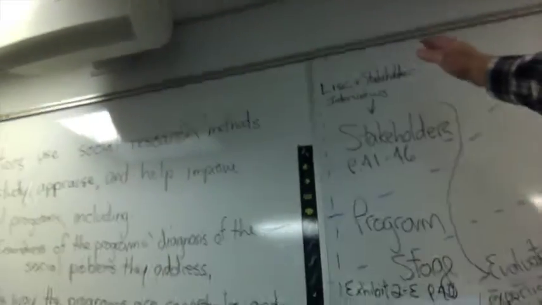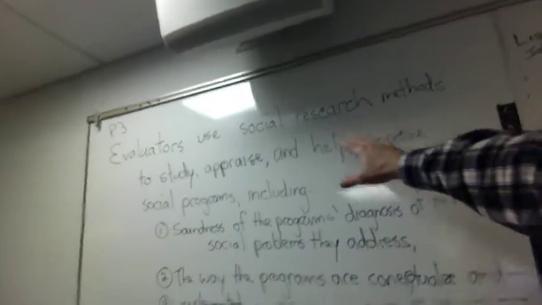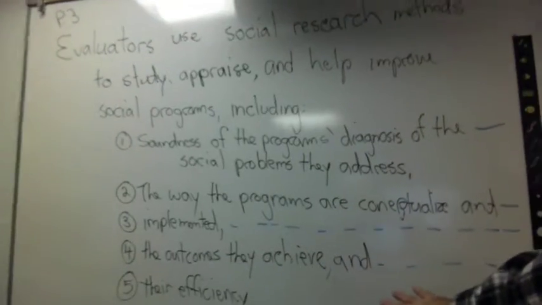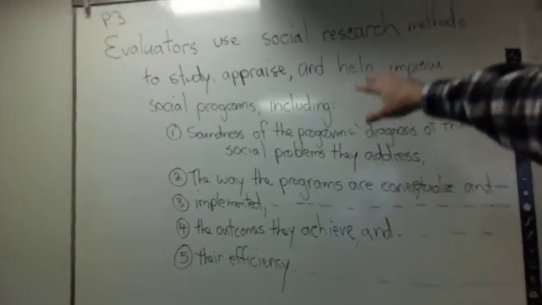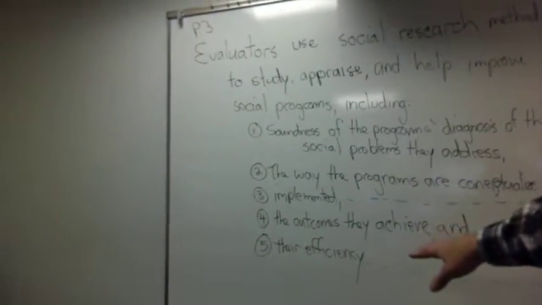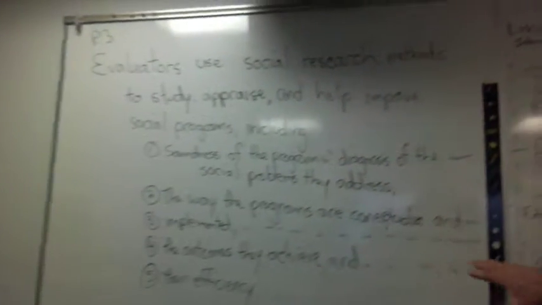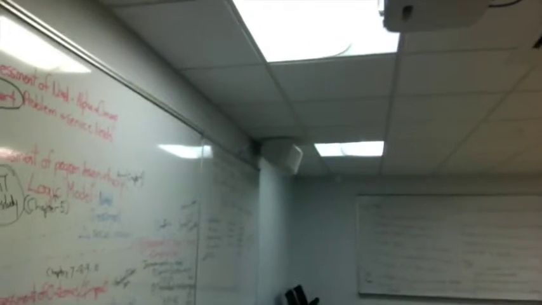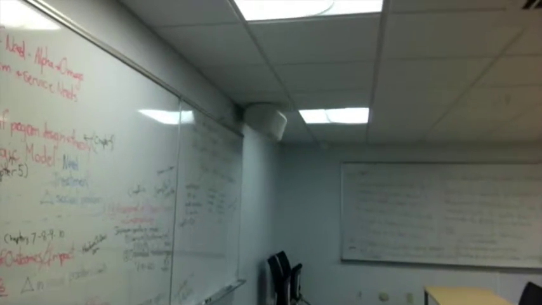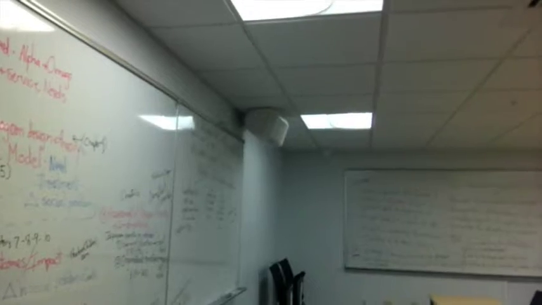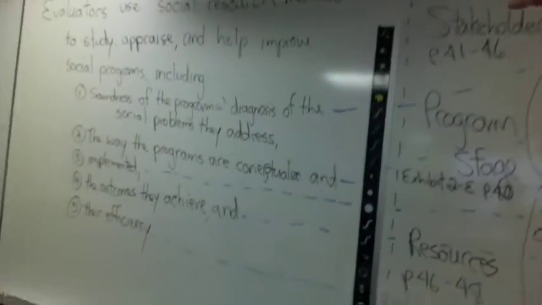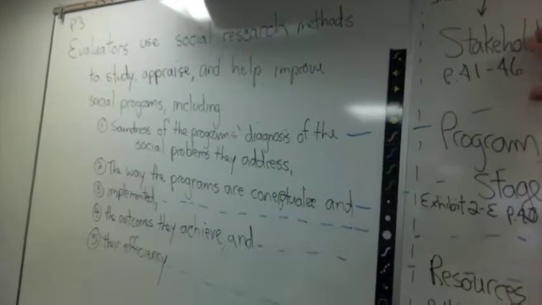Okay, and so in order to decide which of these aspects of a program to study, and so that the evaluation can be designed so that powerful stakeholders will use it, then you have to think about a number of different things.